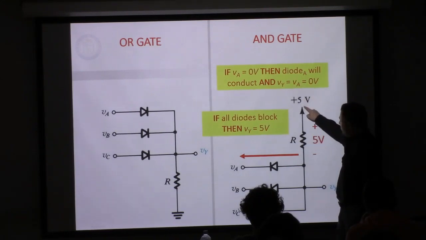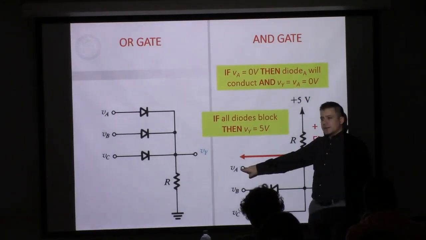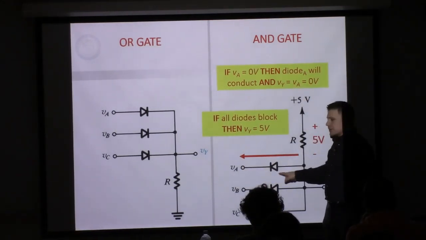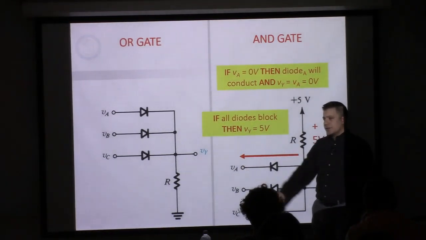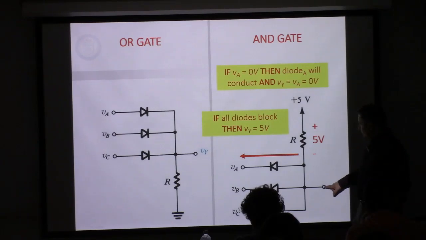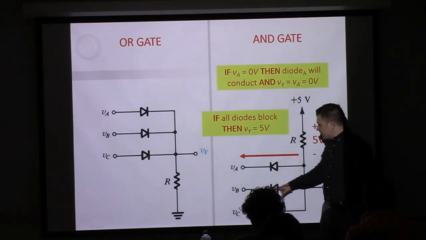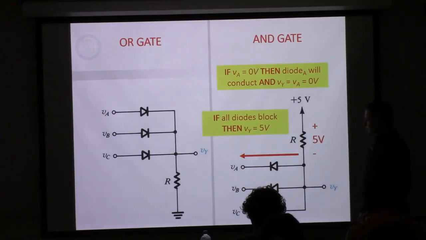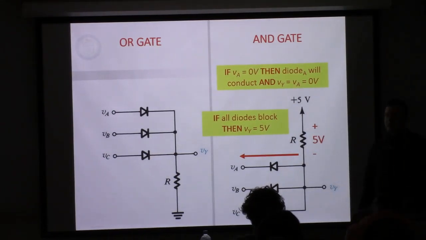We have 5 volts minus 0 volts. This will be forward biased. This will conduct. And what that'll do is set this voltage here, short it to ground. And so you won't get anything out.